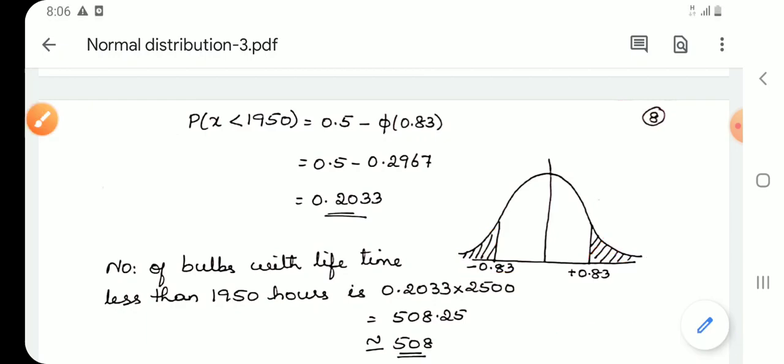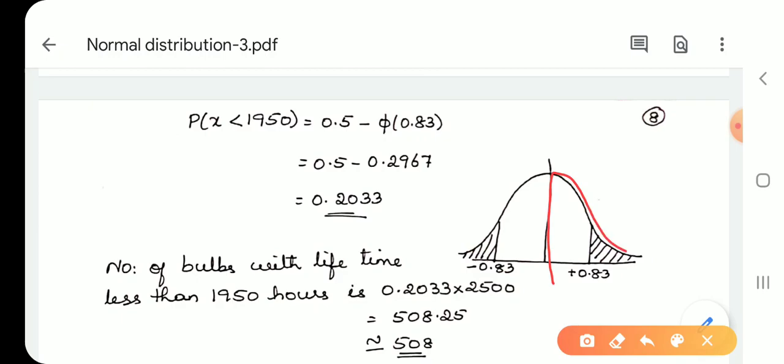To find this, we will take this value, that is 0.5, minus, we will subtract this empty portion here which is given by phi of 0.83. Phi of 0.83 using the probability table is 0.2967.